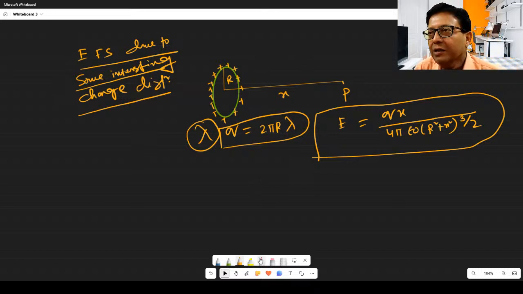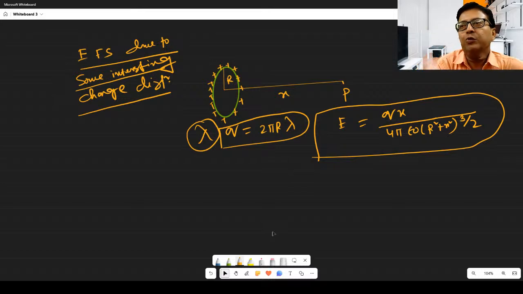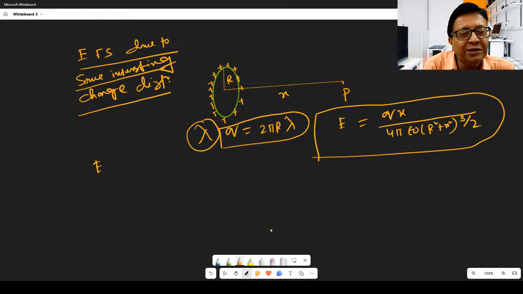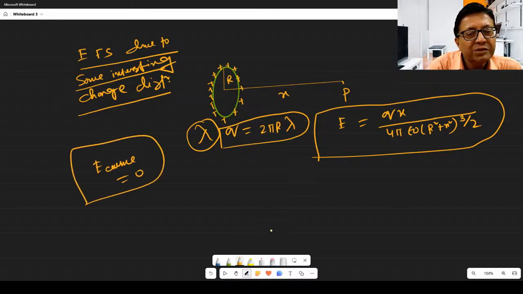This I reminded you. Now, if the ring is divided into two parts, then what will be the strength of electric field at the center? At the center, what is the value here? E center equal to 0 because x equal to 0.